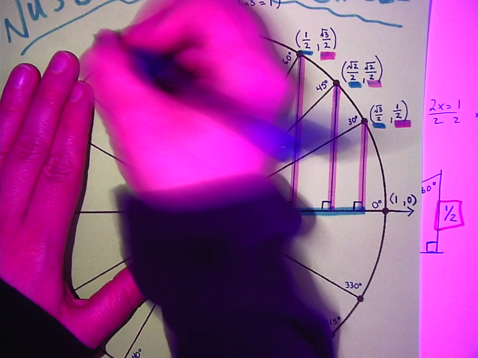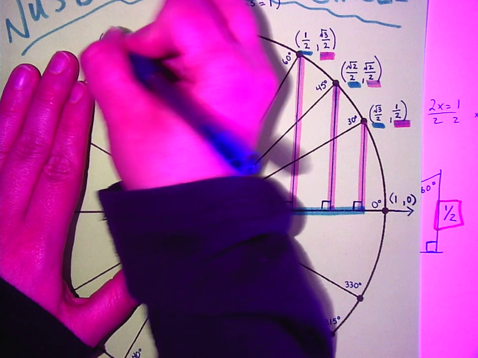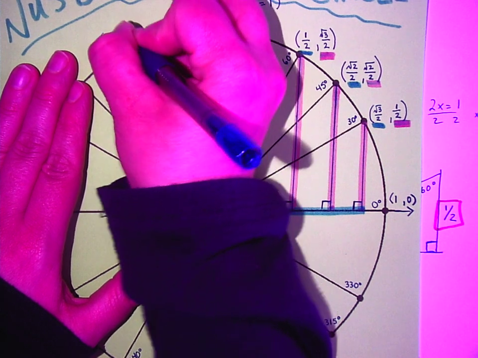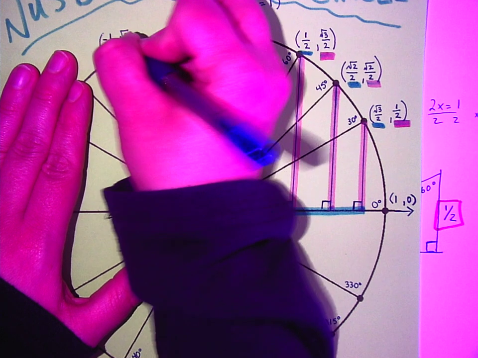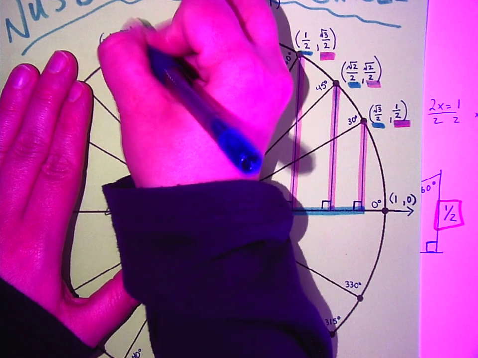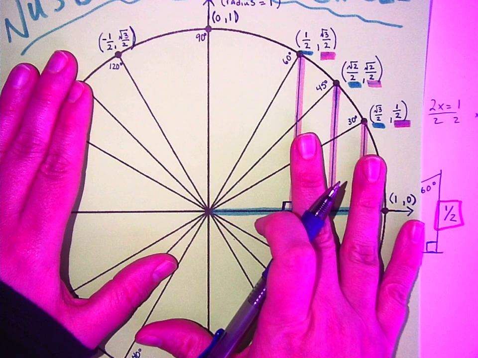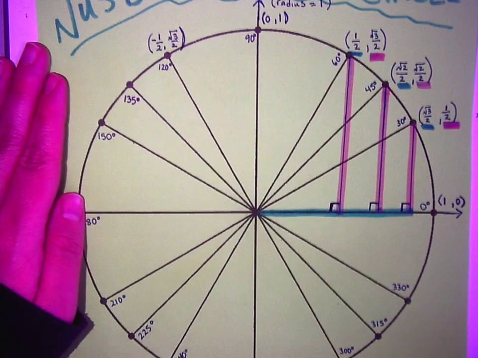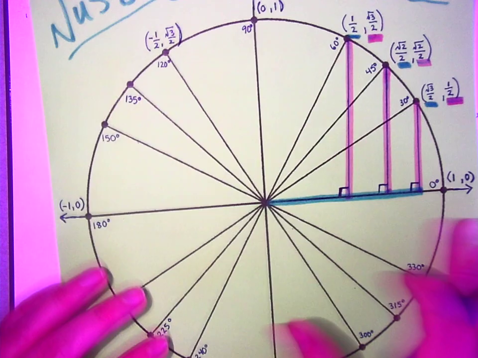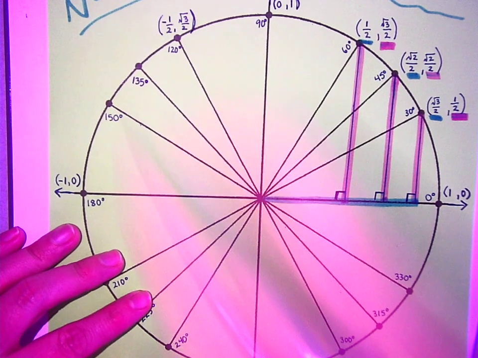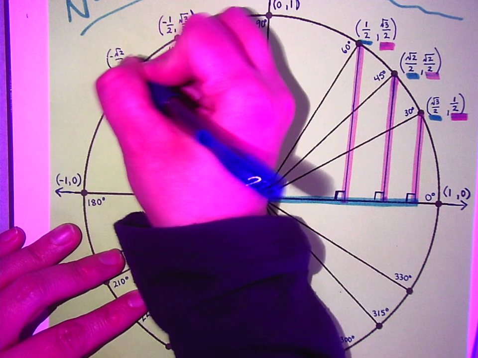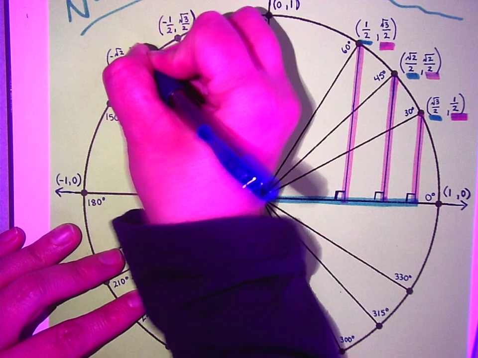So this one is going to be negative 1/2, positive square root of 3 over 2. How about 135? Negative square root of 2 over 2, positive square root of 2 over 2.